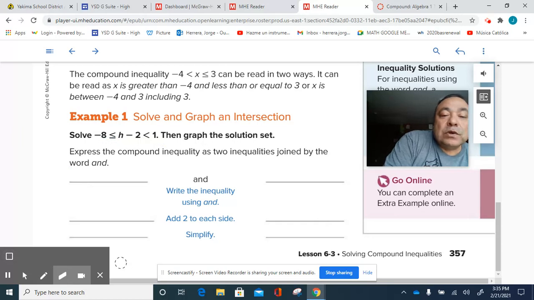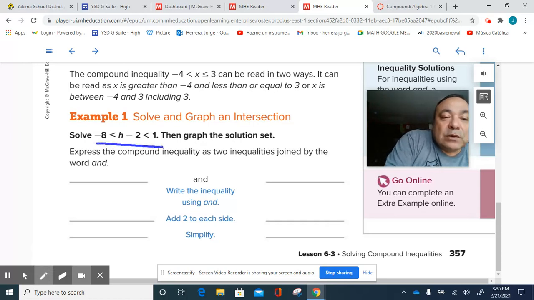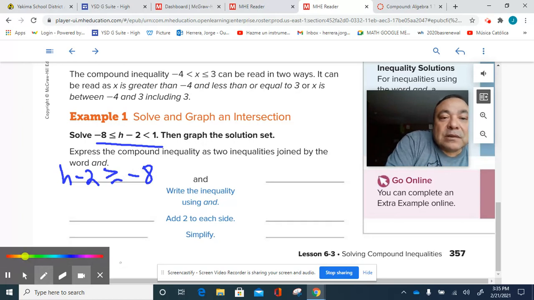Okay. So on this one, guys, if we have this inequality right there, we need to look at h minus 2 on one side being greater than or equal to negative 8. How did I get that, guys? I get it from this situation right there.